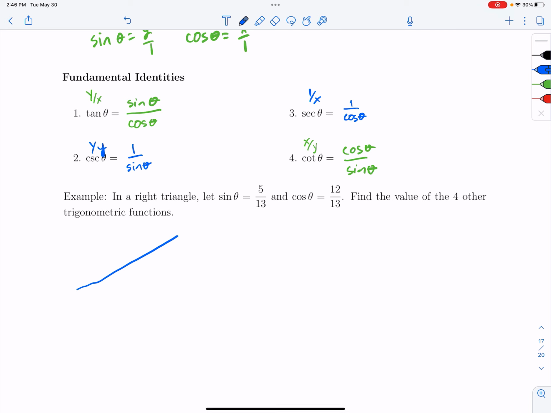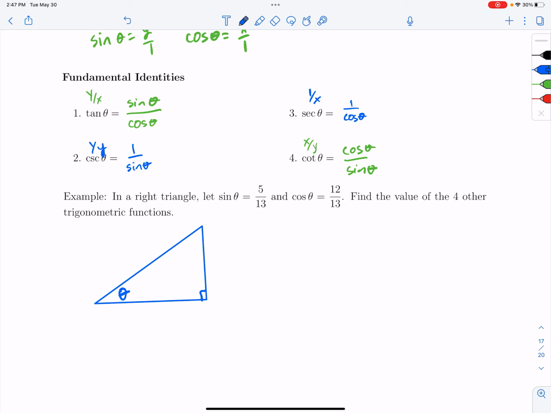Well, let's do a little bit better of a job here. We're going to have a right triangle. Okay. And it doesn't matter where I put theta. I can't put it where the right angle is, but I can put it in either of the acute angle positions.